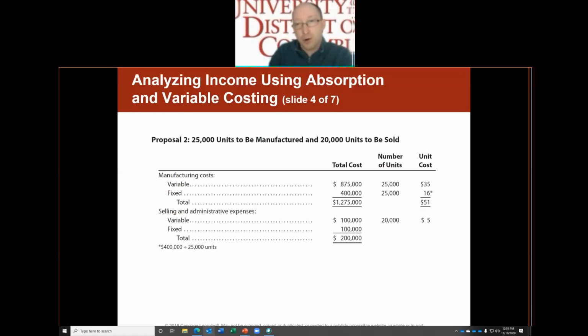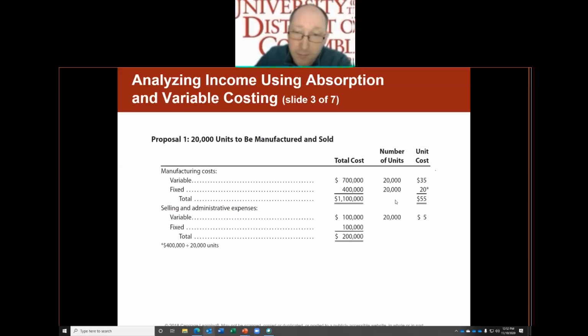The more I produce, the lower the total cost per unit is, right? And the way that happens is that the total fixed cost per unit decreases when I produce more units. So 400,000 divided by 25,000 equals 16. And that's where the biggest difference comes in, right?